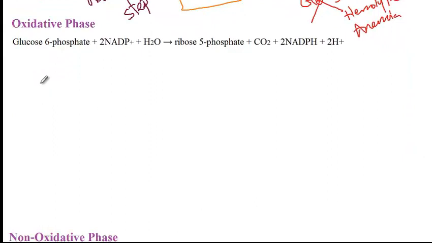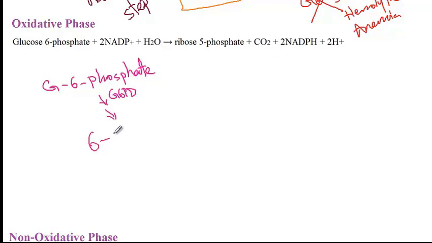Alright, so here we have the starting molecule, glucose 6-phosphate. There are a few reactions that are going on. The first one is carried out by the glucose 6-phosphate dehydrogenase enzyme, and then these first reactions will give rise to 6-phosphogluconate.